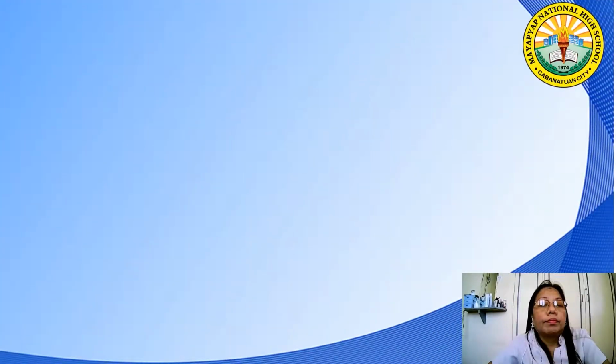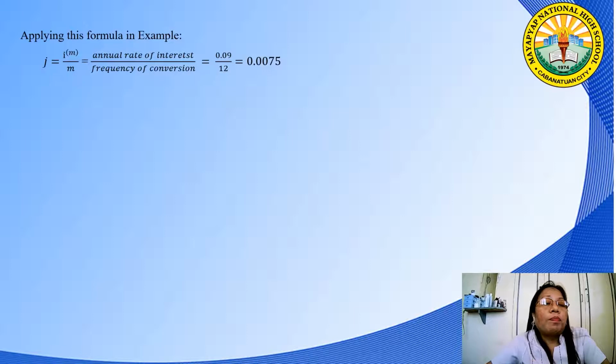Applying this formula in our example, j equals i raised to m over m, where i raised to m is the annual rate of interest over the frequency of conversion. The annual rate of interest is 0.09 and the frequency of conversion is 12, so j is equal to 0.0075.